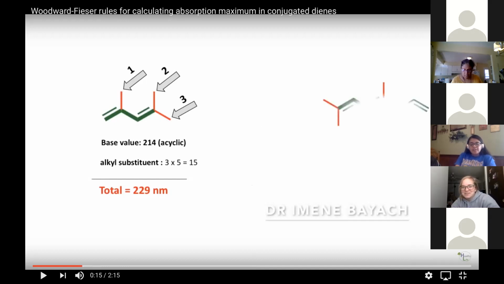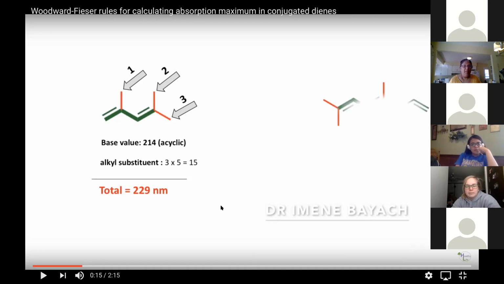Our chart says that the conjugated diene is 217, and they say it's 214. So which one is it? I think they're probably using a different chart or something like that. So you go with 217.